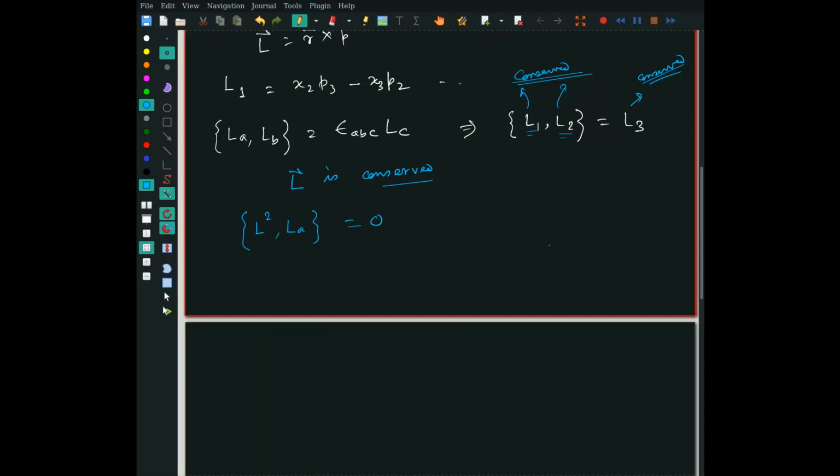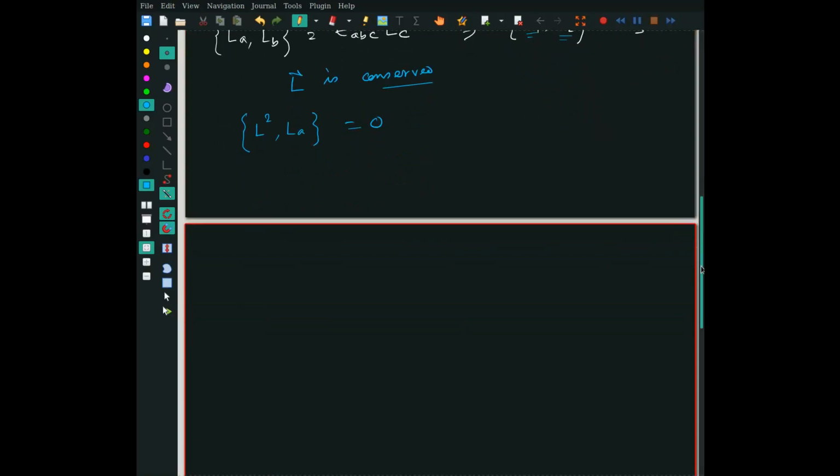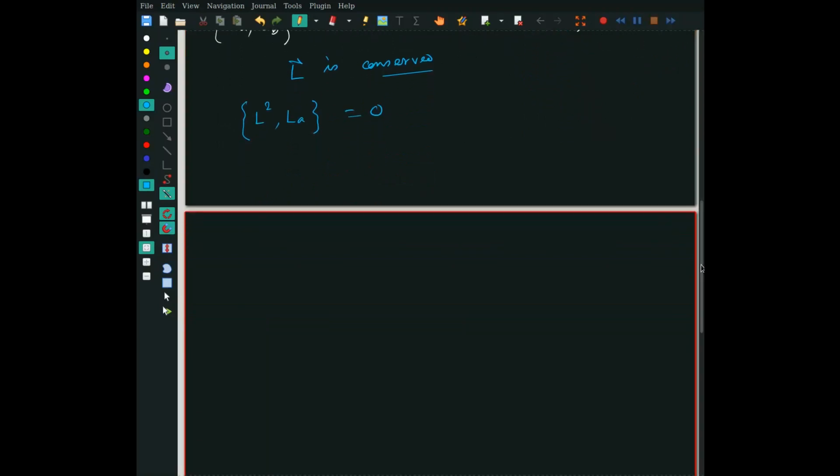One interesting side note is what happens for a central potential, in particular the 1 by r attractive potential. For such a potential, you can construct a quantity called the Runge-Lenz vector, or sometimes it's called the Laplace-Runge-Lenz vector.